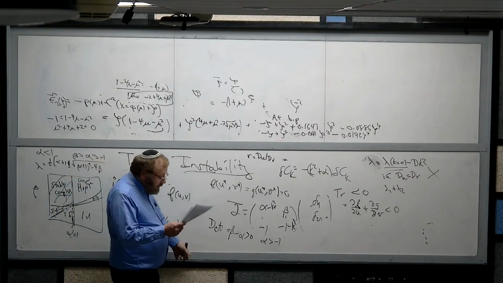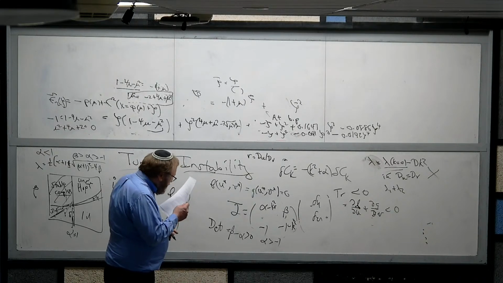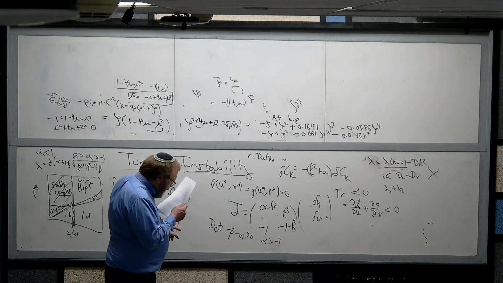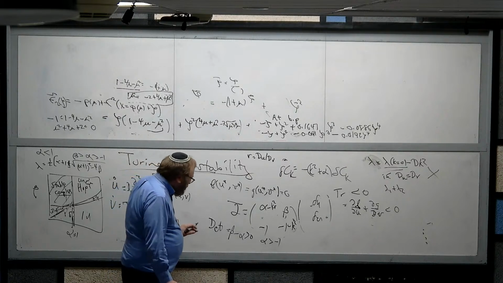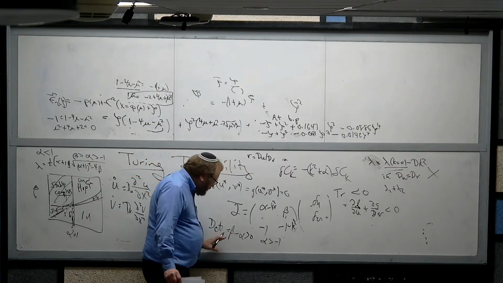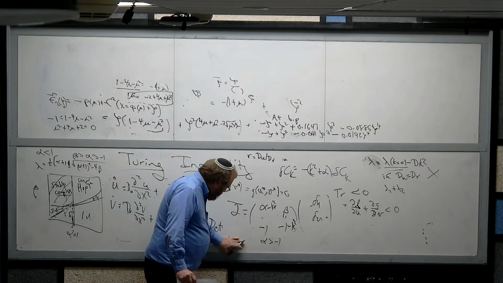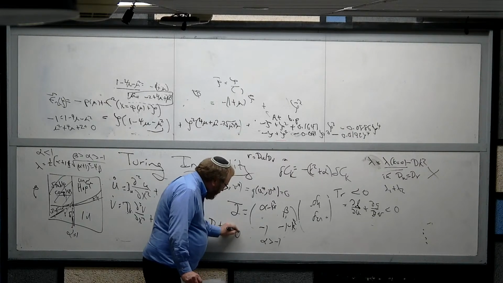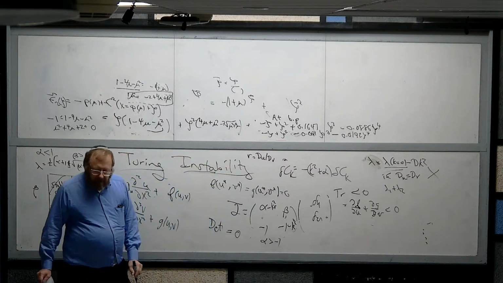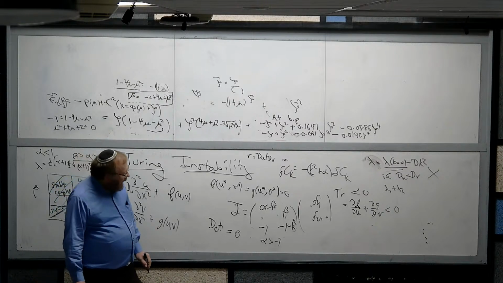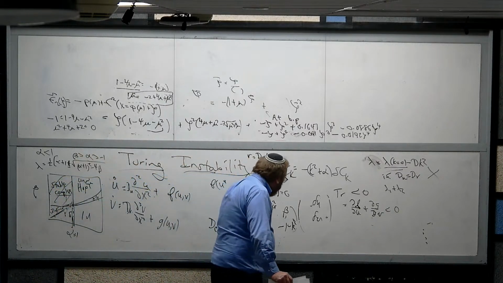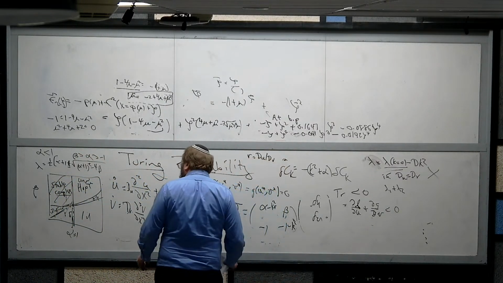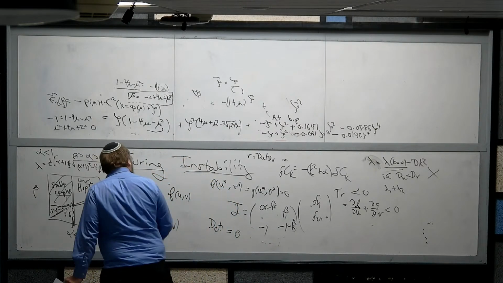And so the idea is that if there's going to be a bifurcation, when's the bifurcation going to happen? When the determinant is 0, right? And so I'm going to need the determinant equals 0.